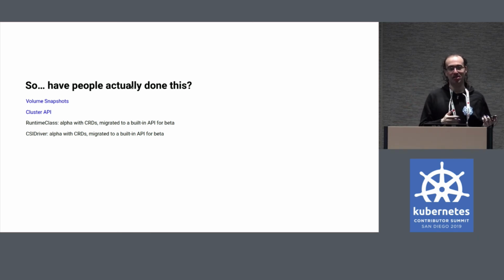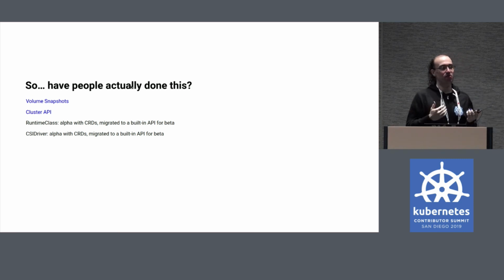Maybe I'm expecting to run a pod in order to run a webhook to support runtime class, because I think that was before declarative validation and defaulting was as robust as it is now. So there was a chicken and egg problem there, and when they moved to beta, they moved to a built-in API.